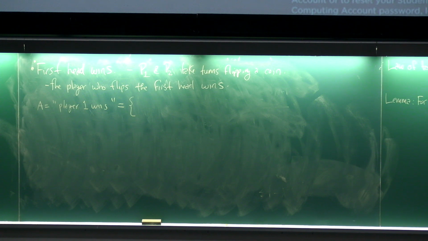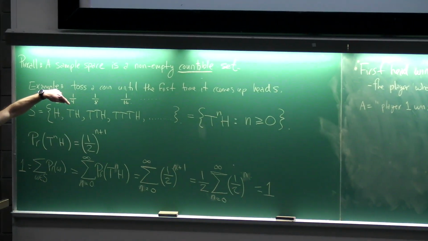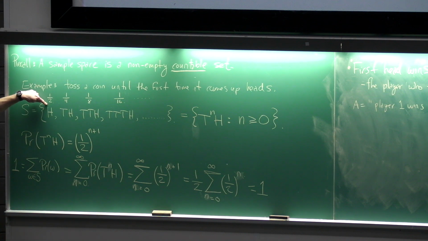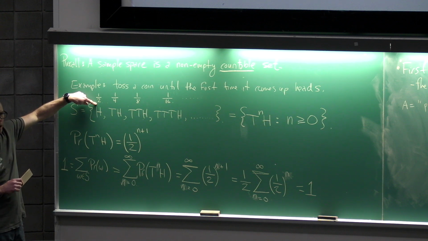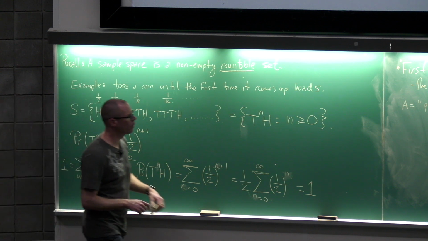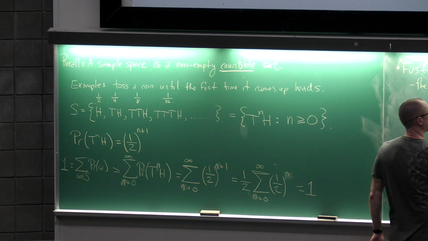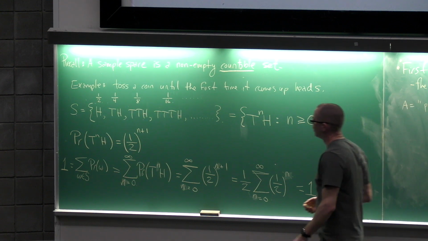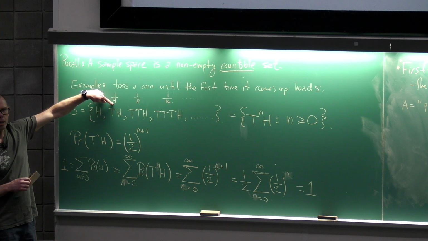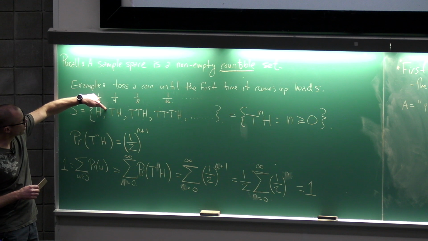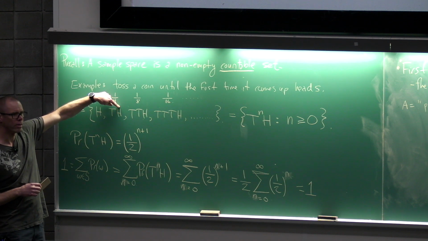Here are all the possible outcomes. Does player 1 win here? First coin is heads. Player 1 is the one who tosses the first coin, so he wins. What about this one? Player 1 or player 2 here? Player 2. Player 1 tosses tails, player 2 tosses heads and wins.